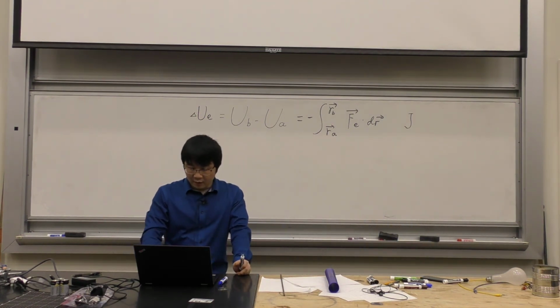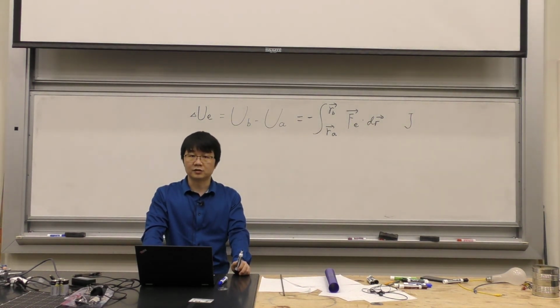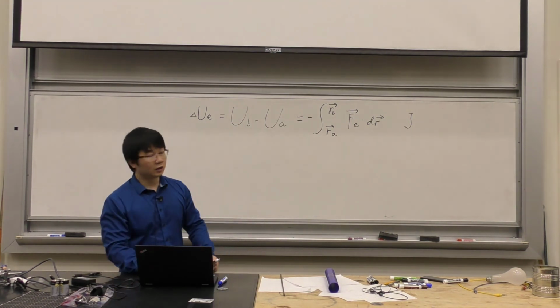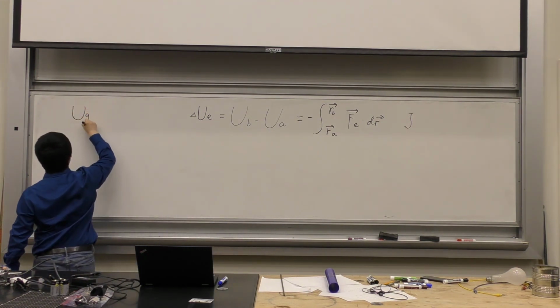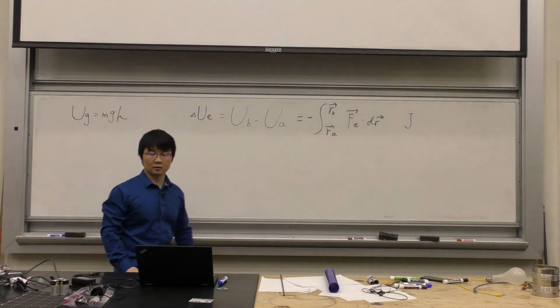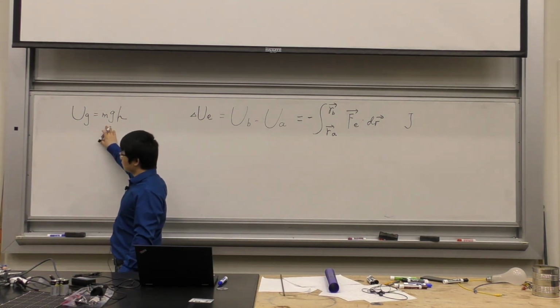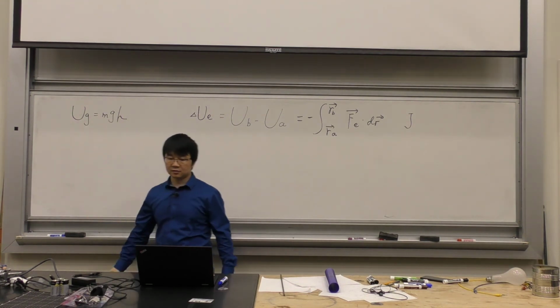Now, as I said, only the difference in electric potential energy, or any potential energy, is meaningful. The actual value of a potential energy at a specific point depends on the zero reference. So think about the gravitational potential energy we defined, mgh in physics 1. The mass is like 5 kilograms or something, g on the Earth is 9.8.